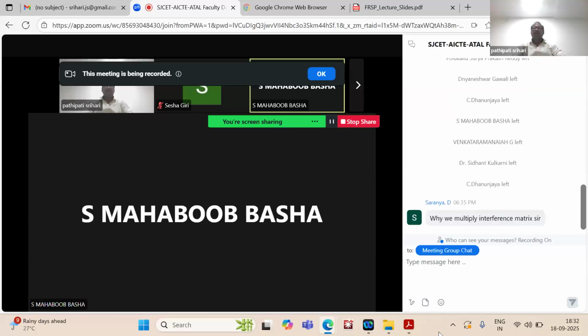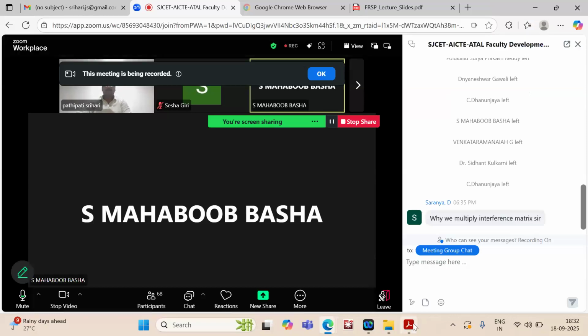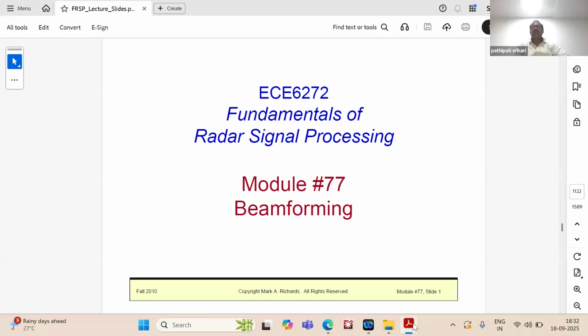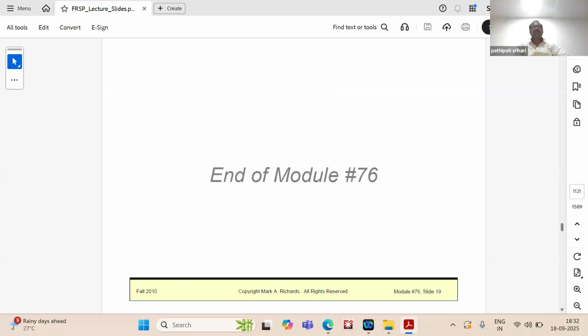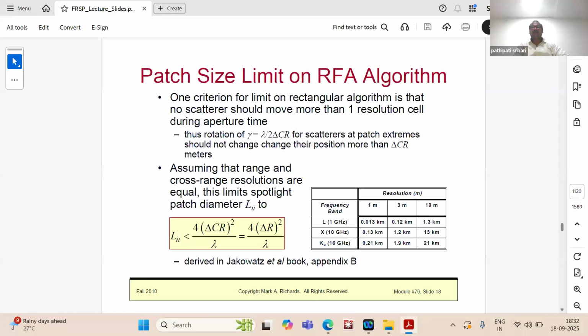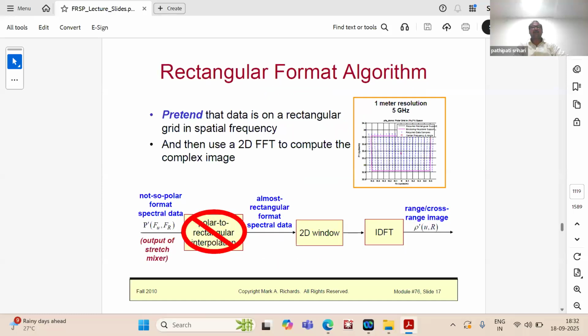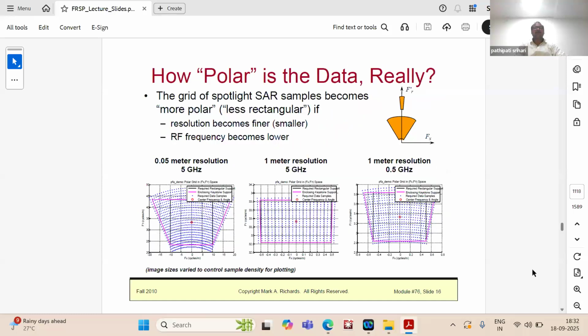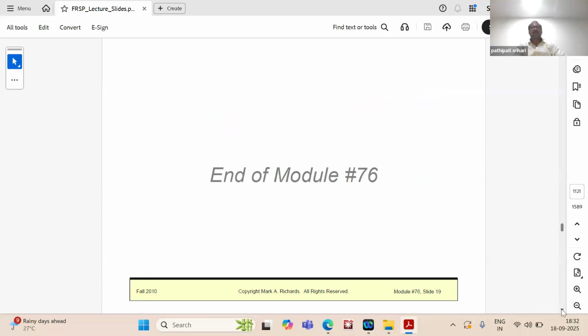Why do we multiply the interference matrix? That is a very good question, thank you. Beamforming has an assumption that we have taken.